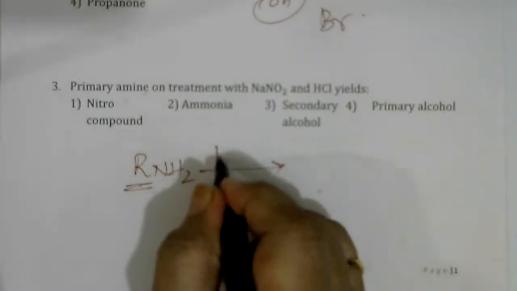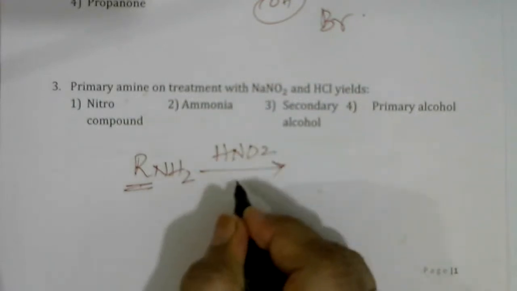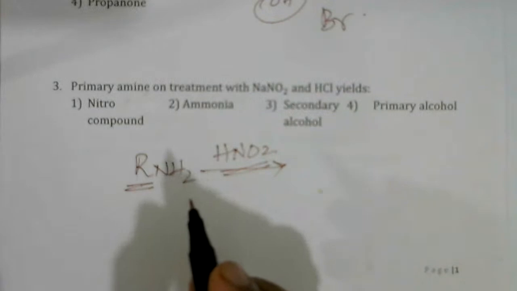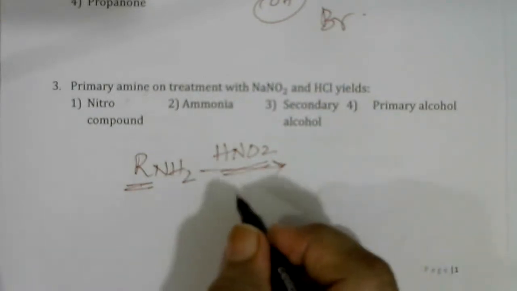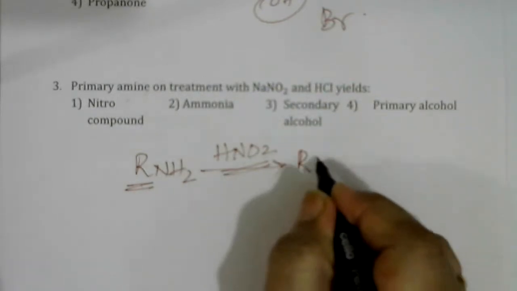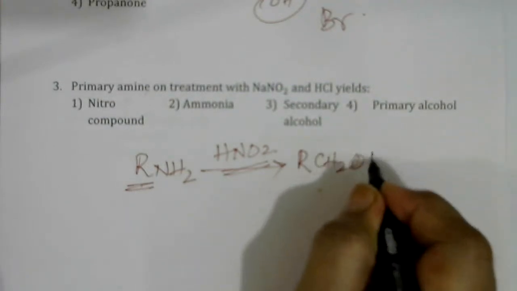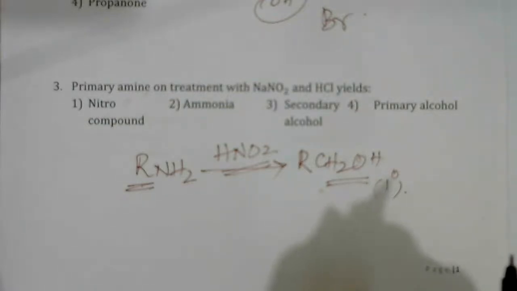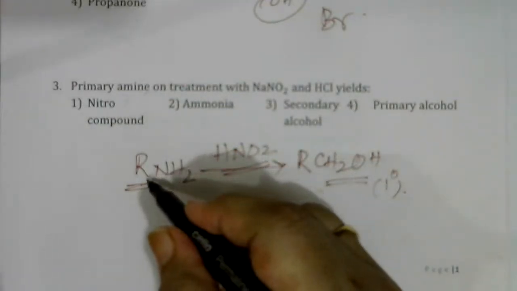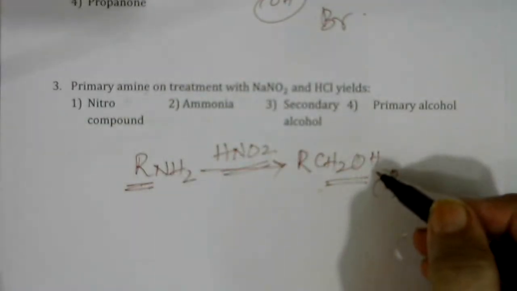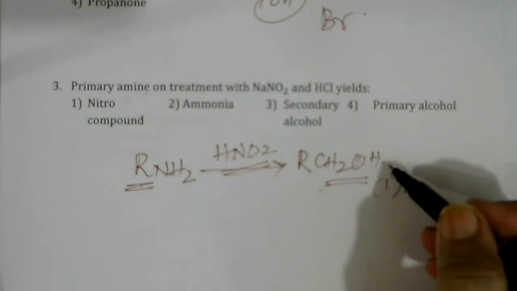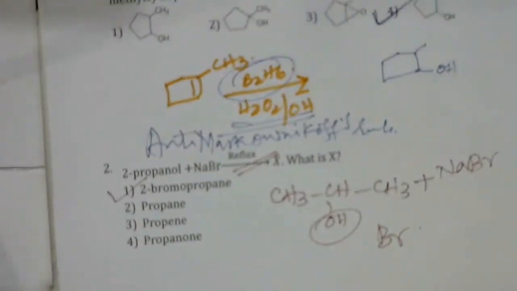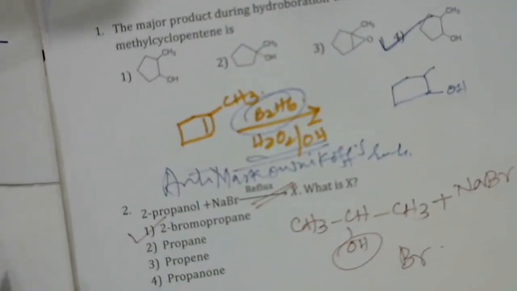Therefore, when a primary aliphatic amine is treated with nitrous acid, because NaNO2 and HCl are going to produce HNO2, that is nitrous acid, it will produce primary alcohol. One more point you may remember: whenever we take the aromatic amine, we are going to get the product as diazonium salt, but that diazonium salt is not possible for a primary aliphatic amine.